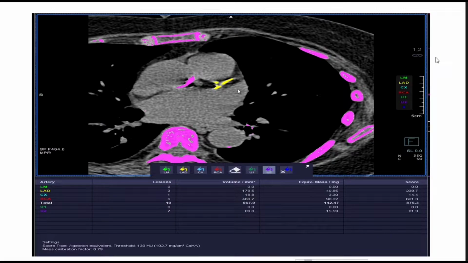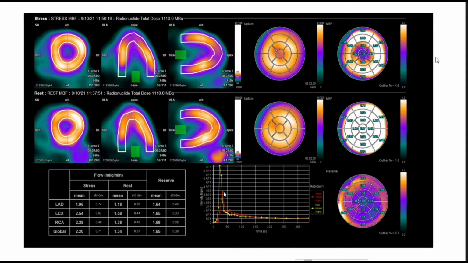Assessing their coronary calcium, they clearly have coronary calcium, a total score of 875, and this is just showing the LAD distribution with the coronary calcium visible. Their myocardial blood flow, if you look at their global stress numbers, these all look pretty good.